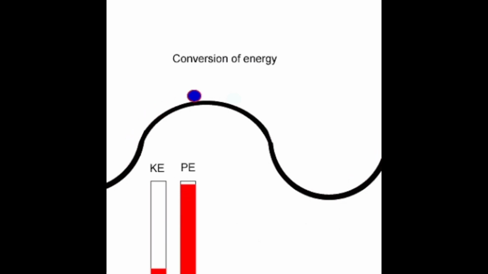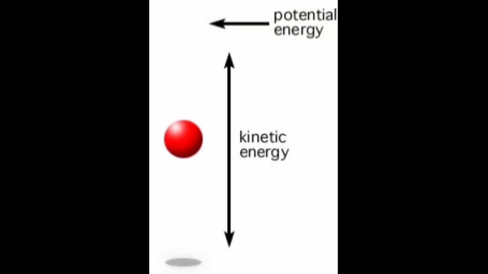When gravity works upon an object to move it in the direction of the gravitational field, the object loses potential energy. The potential energy originally stored within the object as a result of its vertical position is lost as the object moves under the influence of the gravitational field.